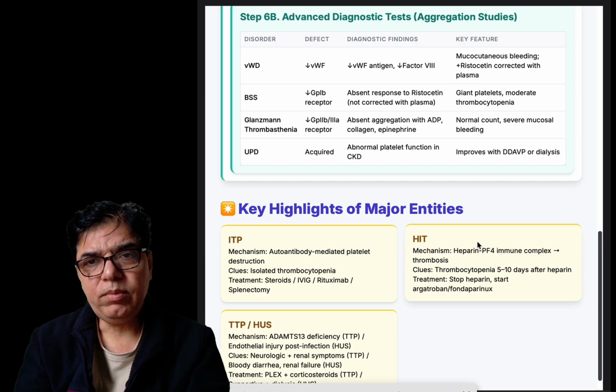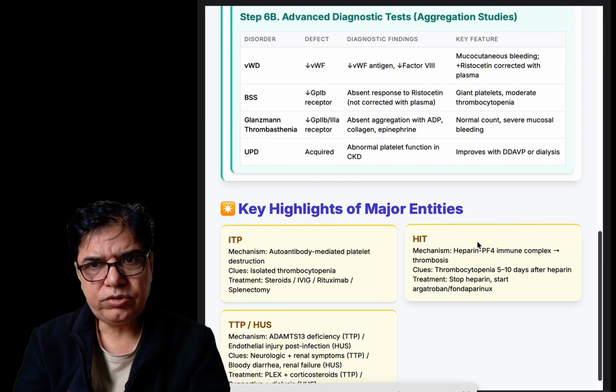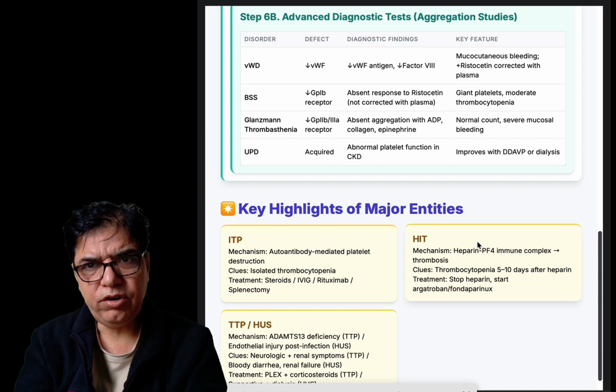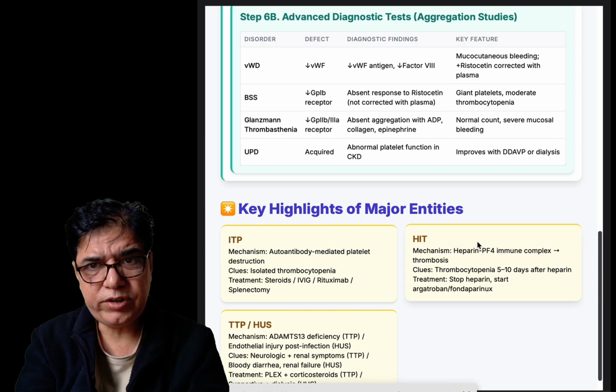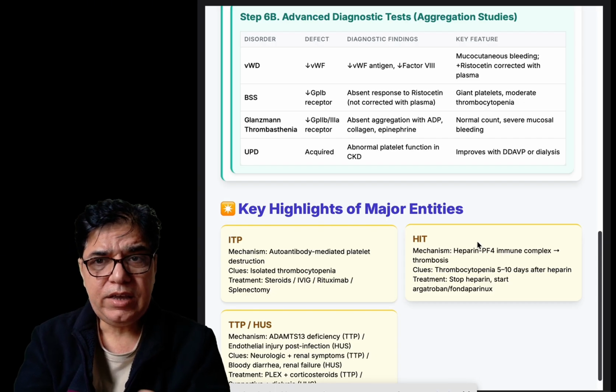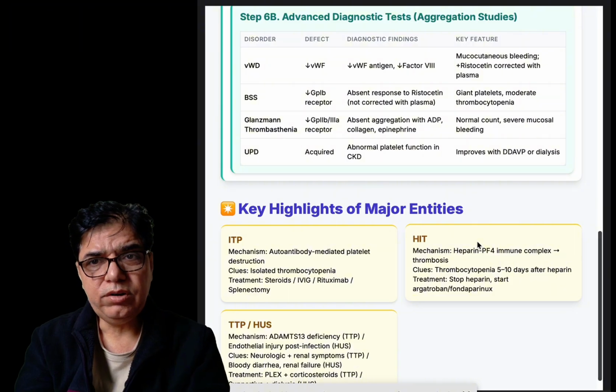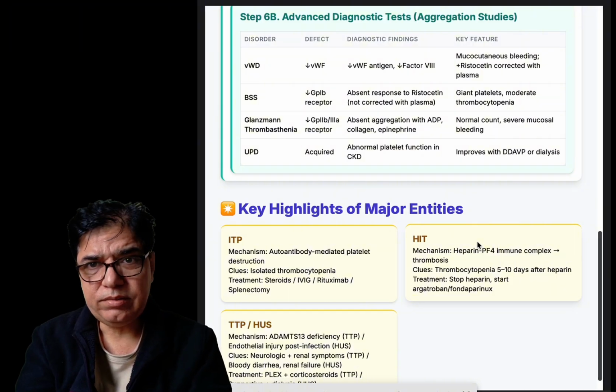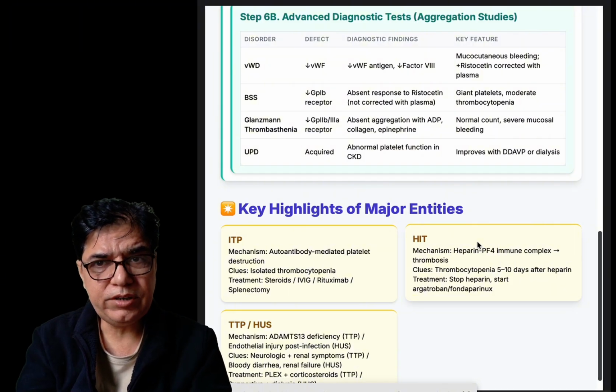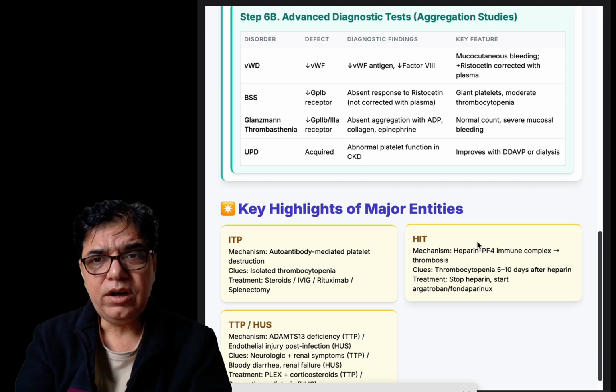If you've got normal platelet counts, you should be thinking of qualitative platelet disorders. And remember, the very first thing is to see if there is any history of antiplatelet medication use like aspirin or clopidogrel. If not, then you have to go for von Willebrand factor studies to see if the child is suffering from von Willebrand disease.